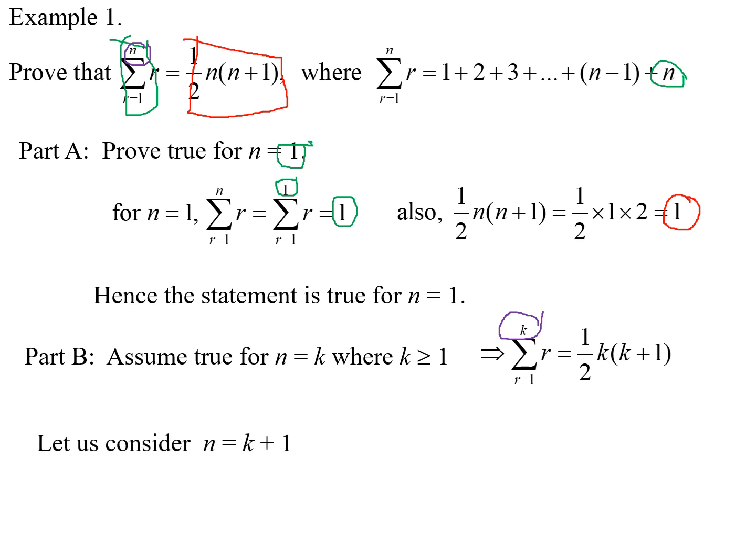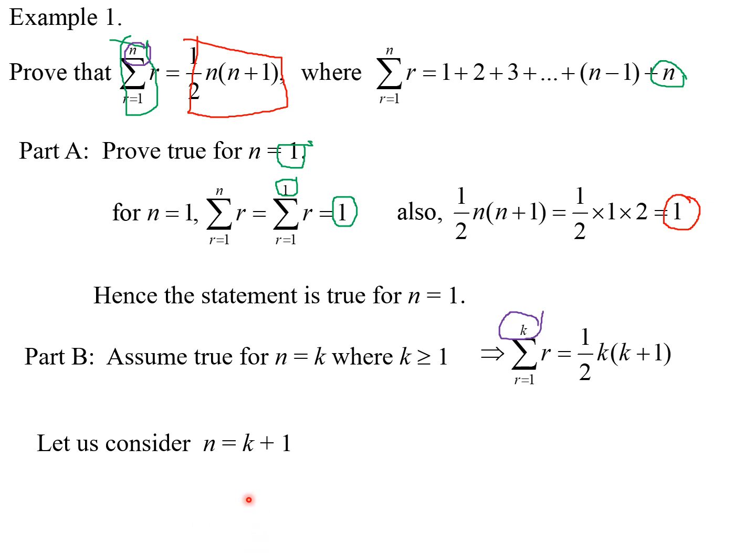For part C, we will consider n as k plus 1. We have considered n equals 1, we have considered n equals k, and now we need to consider n equals k plus 1, the successive value.